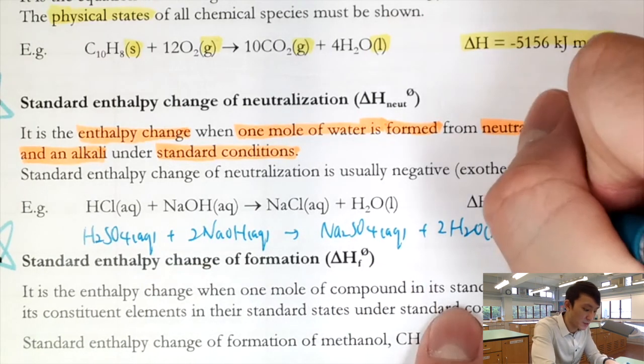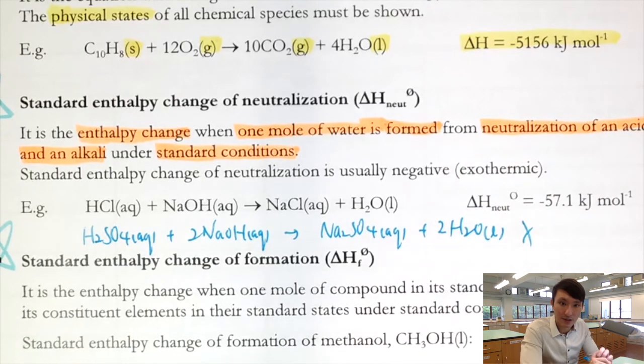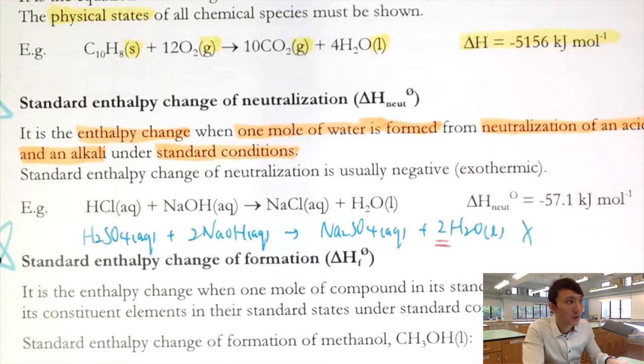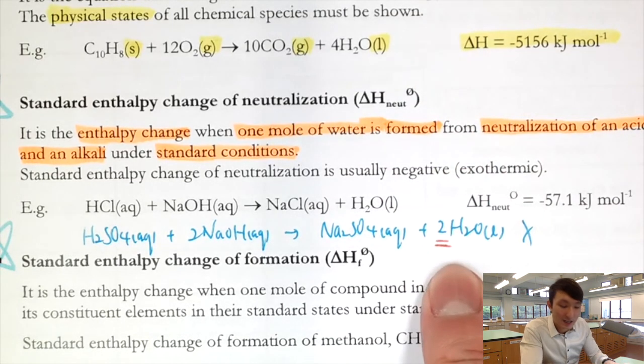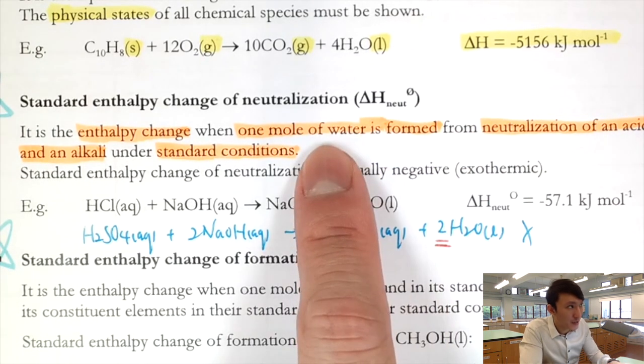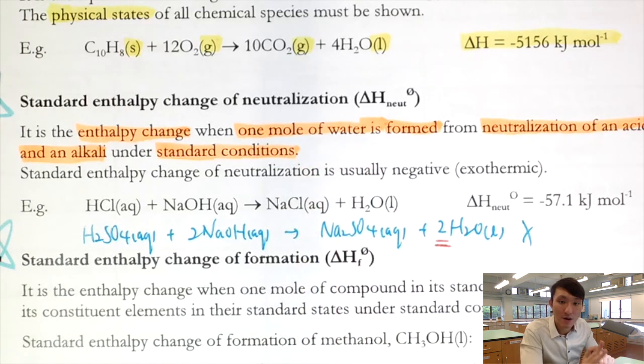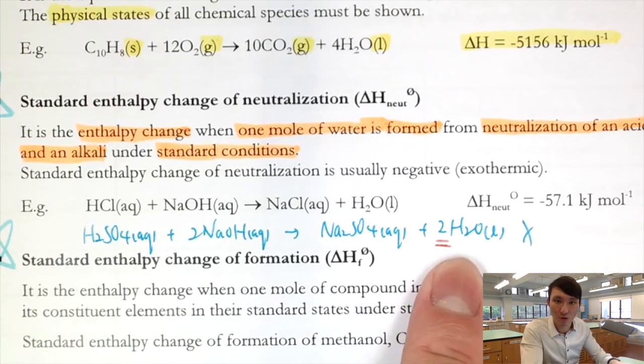The answer is no, this is not correct. Hey, why is that? Because, like I said, the definition stated that only 1 mole of water is formed. So this equation is not acceptable because this equation is showing 2 moles of water.